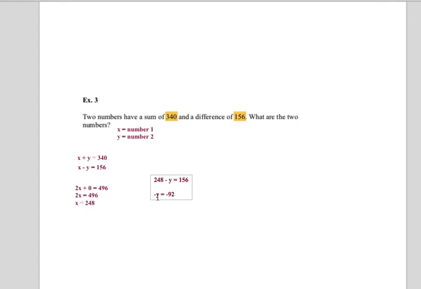So we're going to divide both sides by negative 1. And when we divide by negative 1, it gives us y equaling positive 92. So our two numbers are 248 and 92.